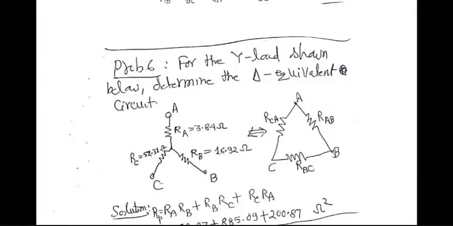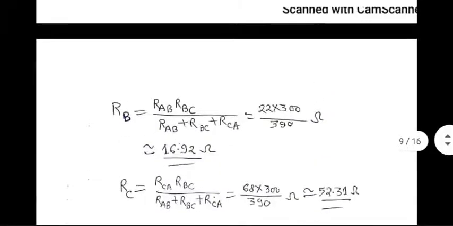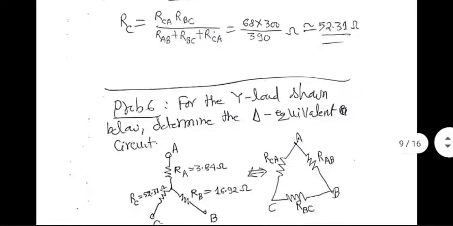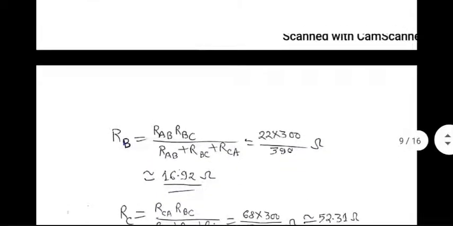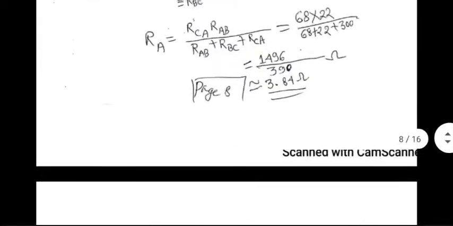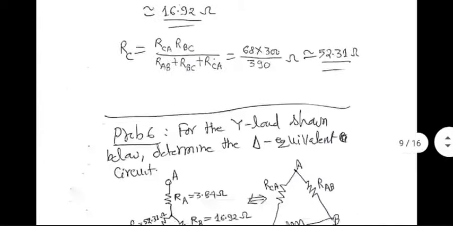Okay, one more. Oh yeah, I have taken this problem and solved it in the reverse direction now. Good. I have taken RA, same as I got in the previous problem, 3.84 ohm.